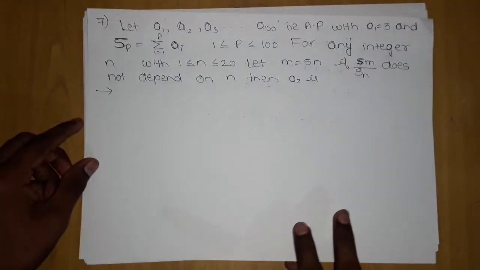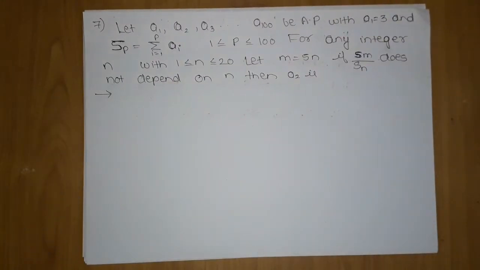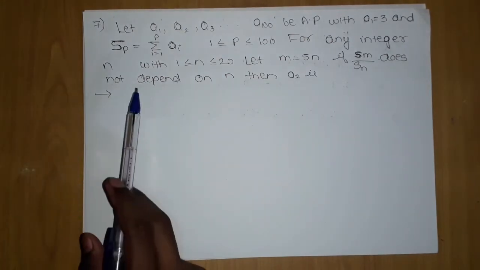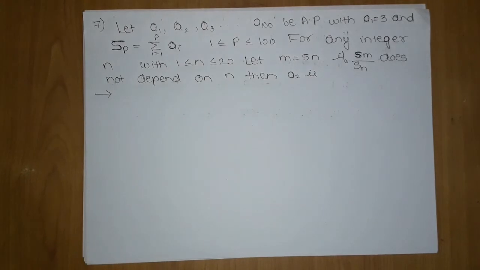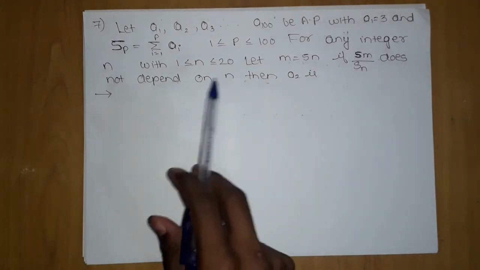Now let's move on to the next question, which is the seventh one. Let a1, a2, a3, up to a100 be an AP with a1 equal to 3, and S_p is the sum of the first p terms, for p lying between 1 and 100.